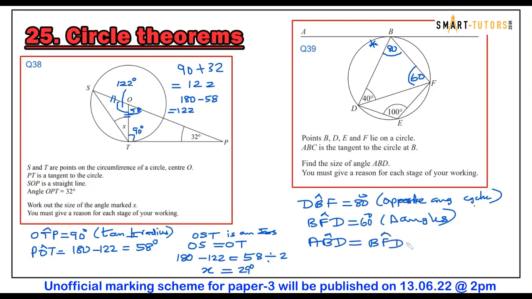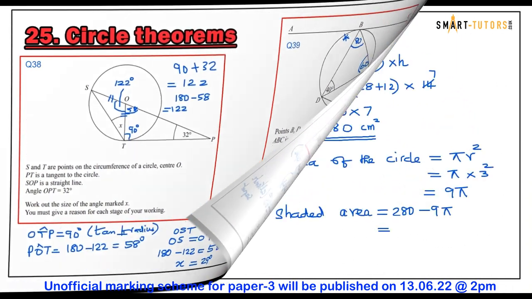That is the key here, 60 degrees. Alternate segment theorem. So that's what they're asking. ABD is 60 degrees, right? Make sure you go through a couple more questions for the circle theorems proofs.